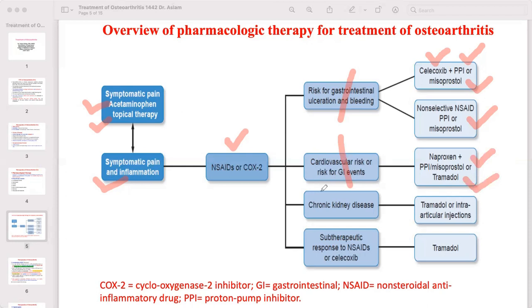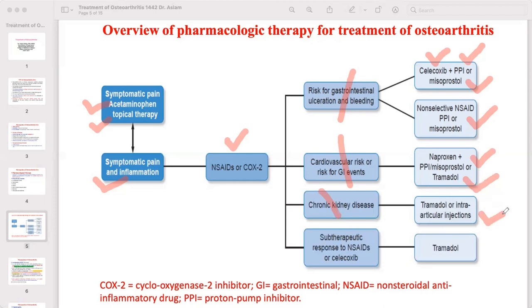If the patient has chronic kidney disease, as we know that the non-steroidal anti-inflammatory drugs generally decrease the GFR, and thereby they should be avoided in the patient with chronic kidney disease. In such a patient, we can use tramadol or intra-articular injections.